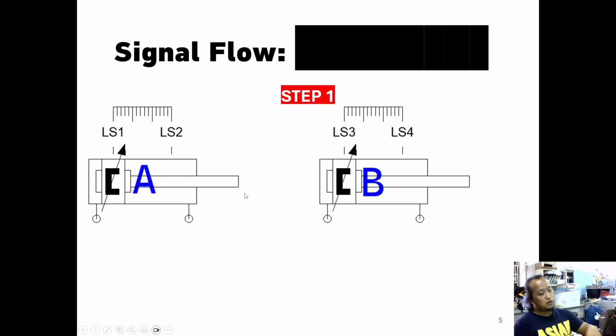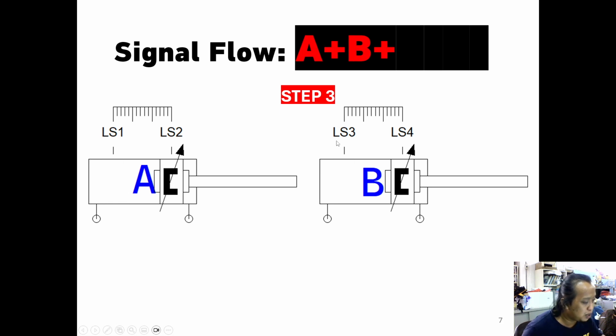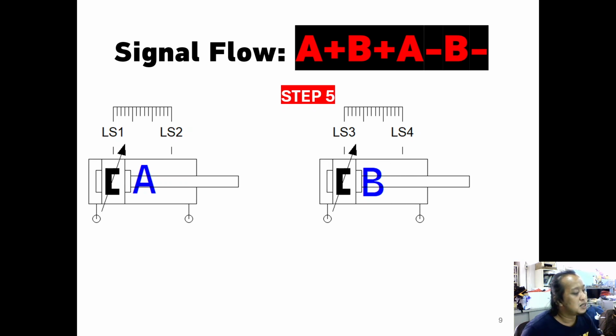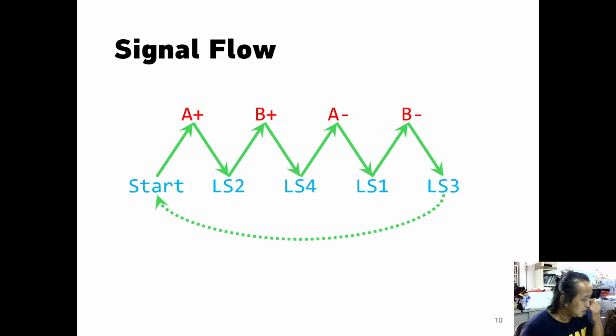So the signal flow is like this one. This is the initial position, step 1, step 2 A plus, step 3 B plus, step 4 A minus, step 5 B minus. Start, A plus, and then A plus hits LS2, limit switch 2, and then limit switch 2 triggers B plus, cylinder B moves forward, and then it will hit LS4.